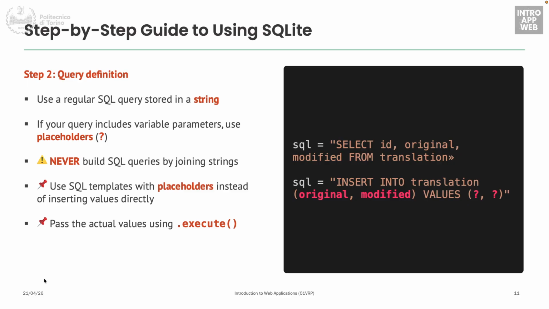First of all, the first step is always to define the SQL query that we want to execute over the database. Defining such a SQL query is basically like writing a string with the query that we want to execute.